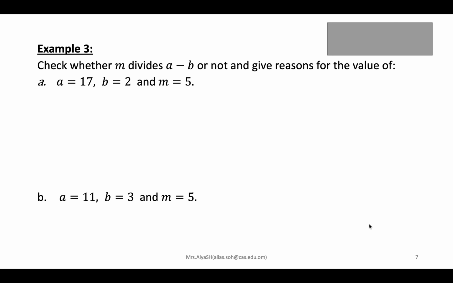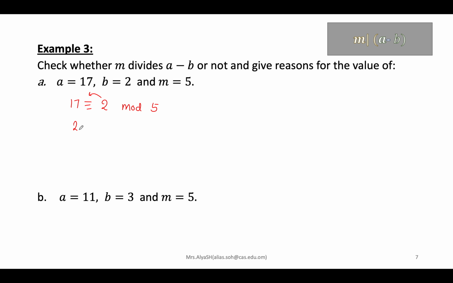Now let's check the same values but trying to meet the second condition, where m can divide a minus b. Here we have 17 congruent to 2 mod 5. To find whether a minus b is divisible by m, we take 2 outside.